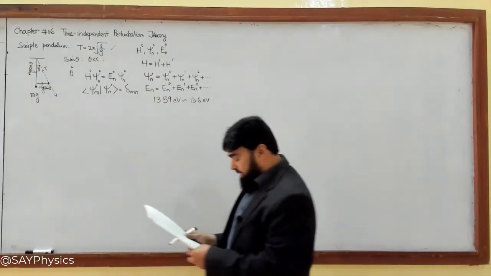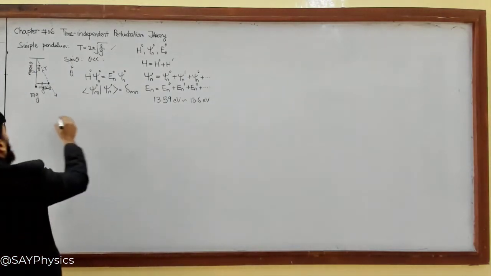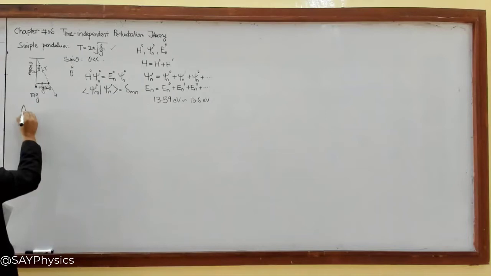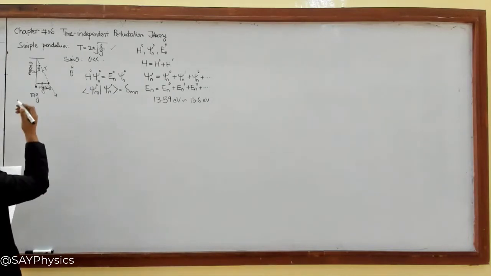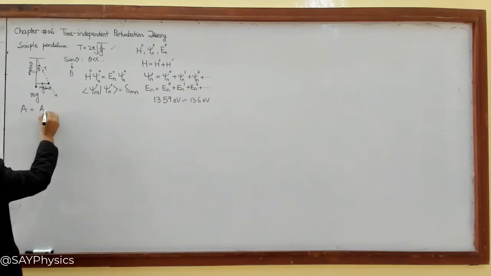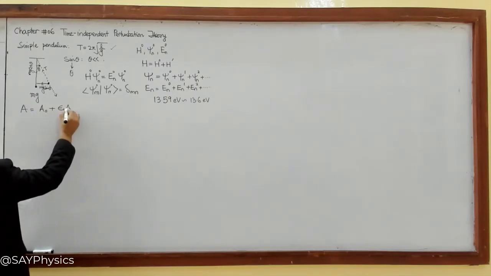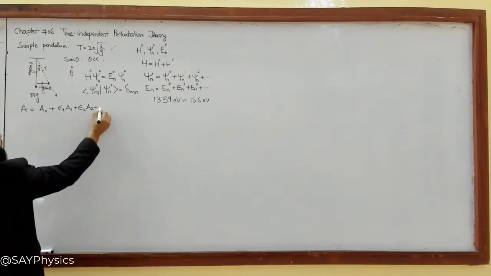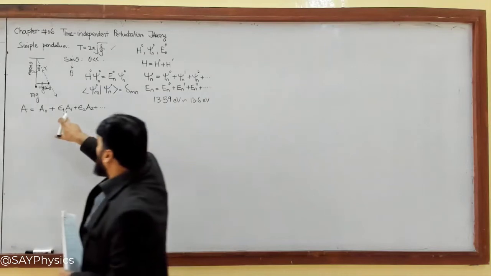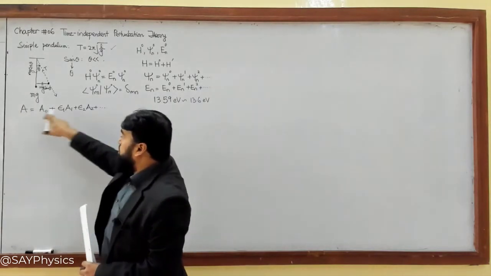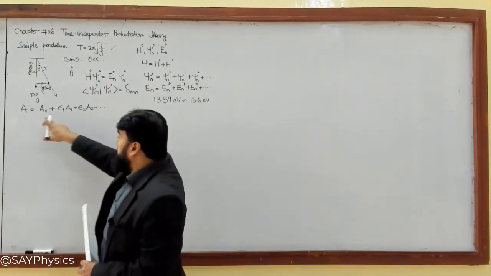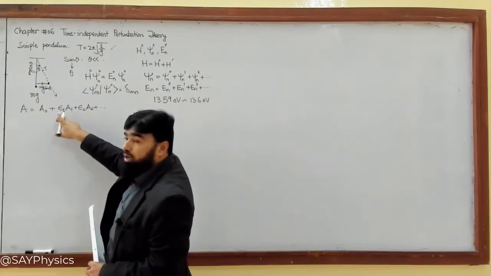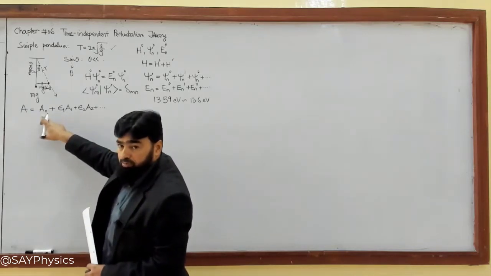This is like if you have, for example, A as your wave function or a physical quantity, and this is the unperturbed, and then epsilon 1 A1 plus epsilon 2 A2, and so on. Now this is the perturbed quantity. This as a whole we call the correction to this term.